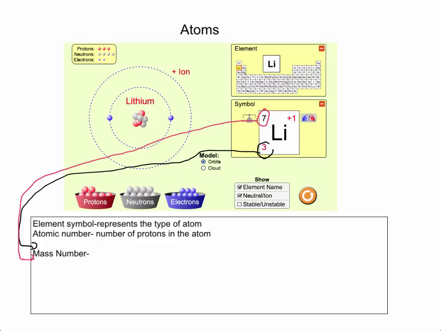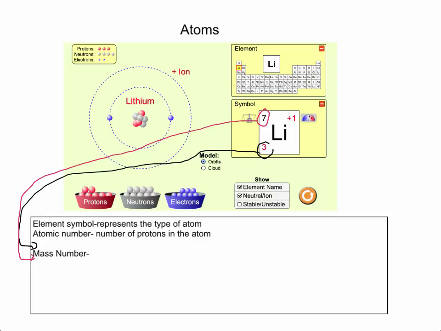The mass number is going to represent the total number of nucleons or particles in the nucleus of our atom. So if we look at our atom, we see that we have 3 protons and 4 neutrons. So 4 plus 3 gives us the 7 for our mass number.